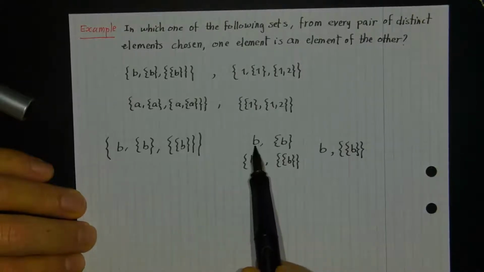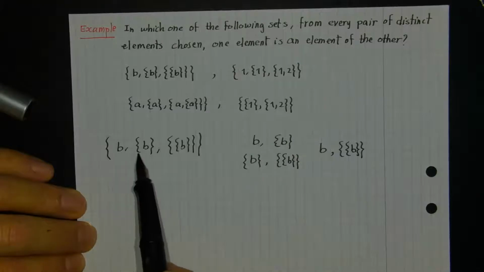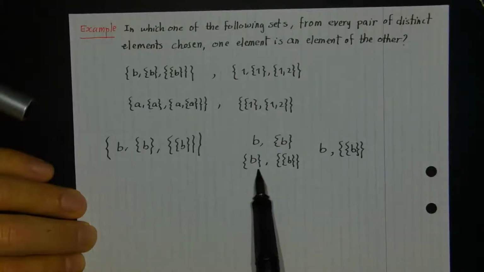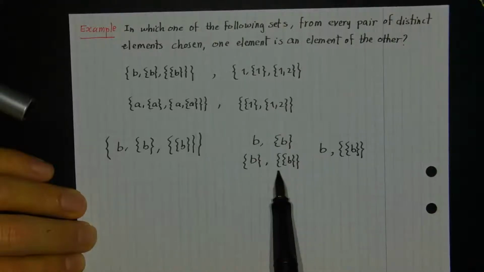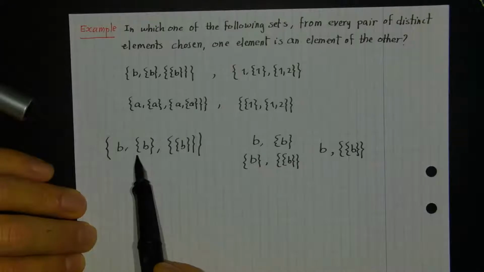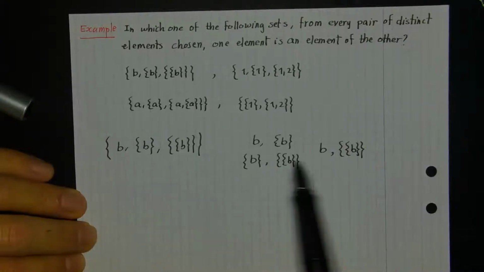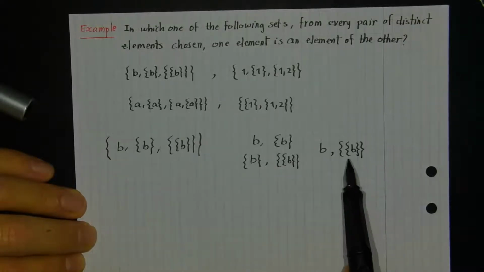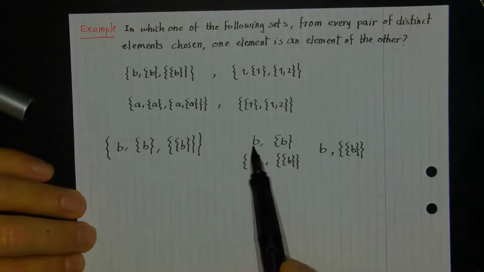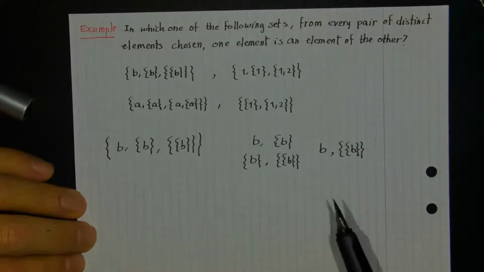One of them is to choose the first one and the second. One way is to choose the second one and the third one. But of course, one way is also to choose the first one and the third one here. Now I am asking, is it true that in each pair, one is the element of the other? Let us check them.